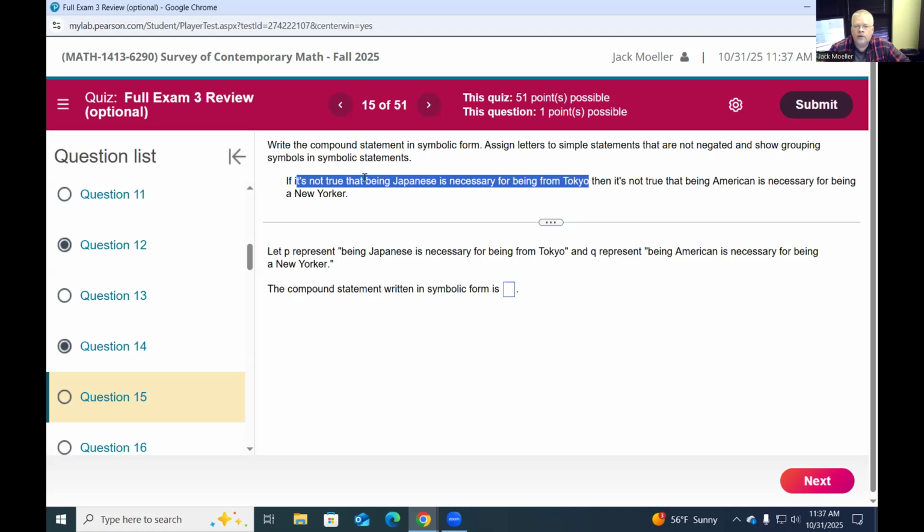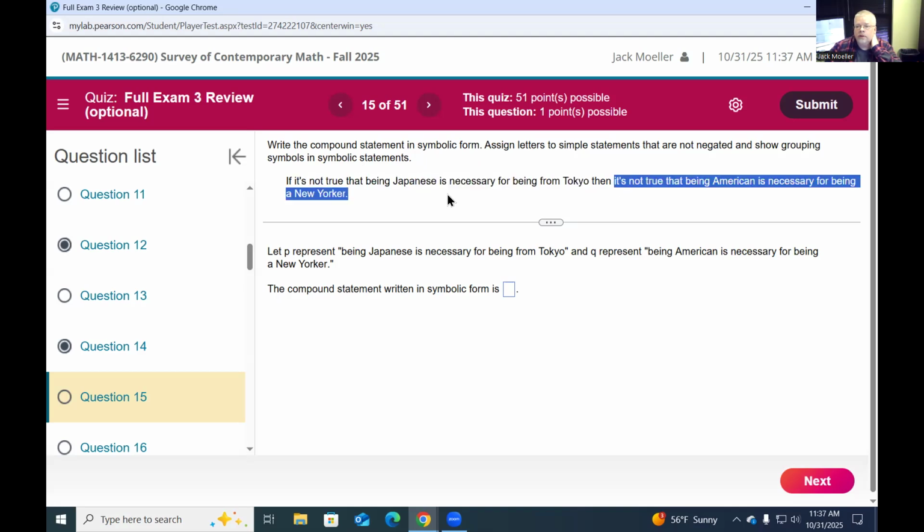So that first statement is not P. So if I was showing my work, I would write the sentence out and then put not P above this. That way I know what that statement is. Then it's not true that being American is necessary for being a New Yorker. But Q is the positive of that, being American is necessary. So because of the not, that is not Q.